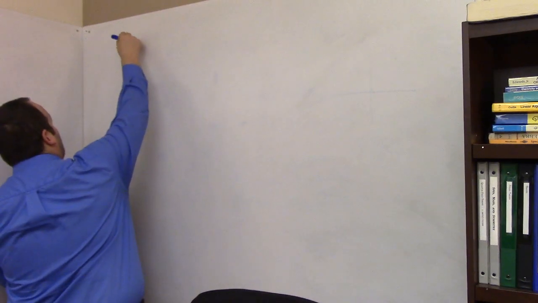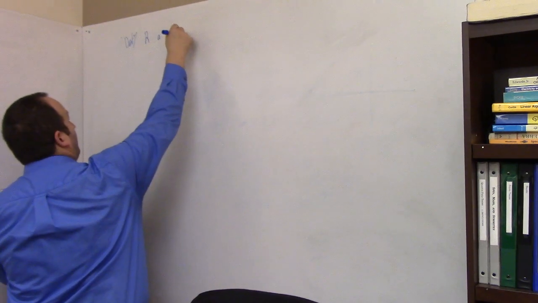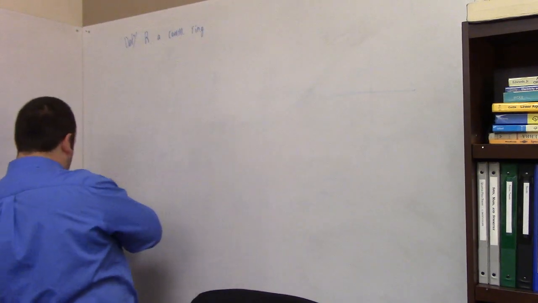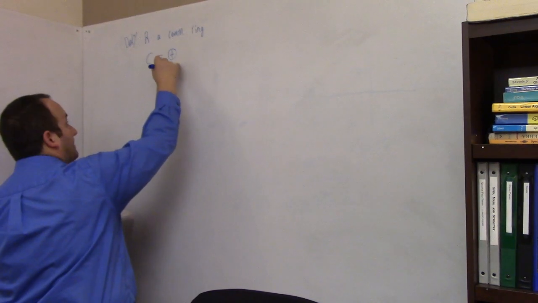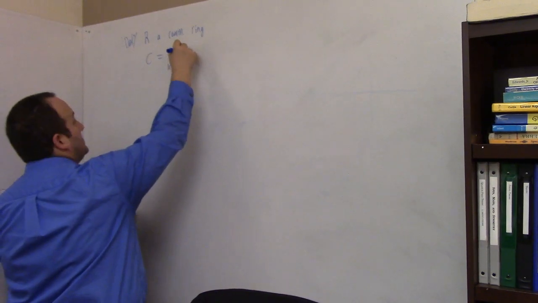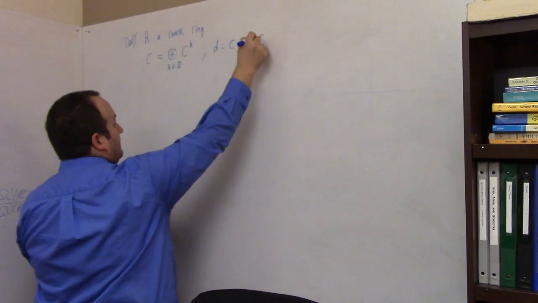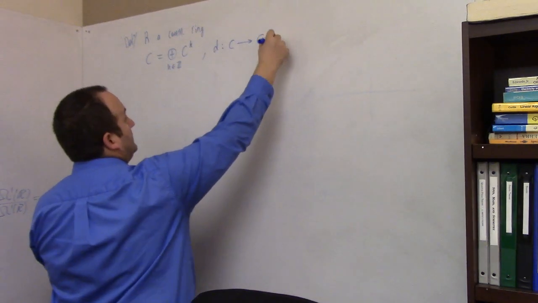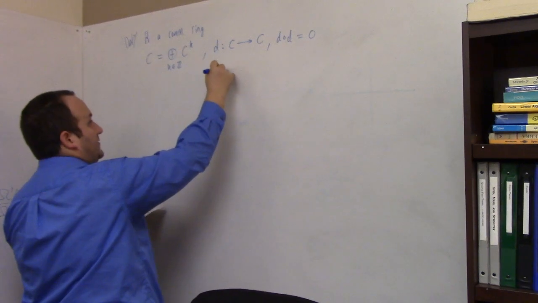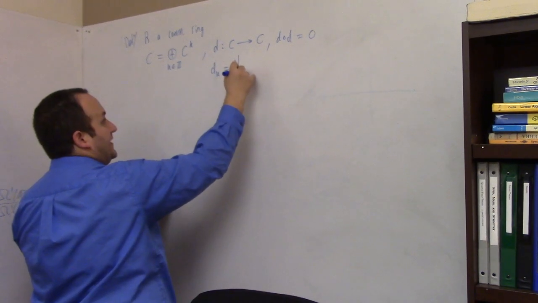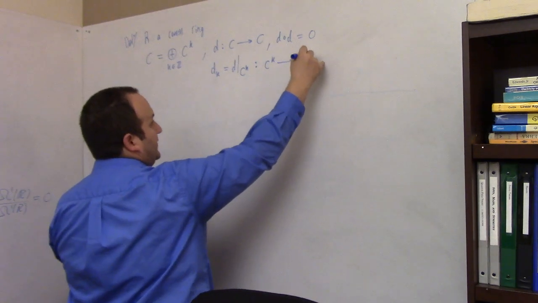So, definition: R a commutative ring. Then a differential R complex is a direct sum of modules together with a linear map D such that D composed with D is 0, and also D_k, which is D restricted to C_k, is a mapping from C_k to C_{k+1}.